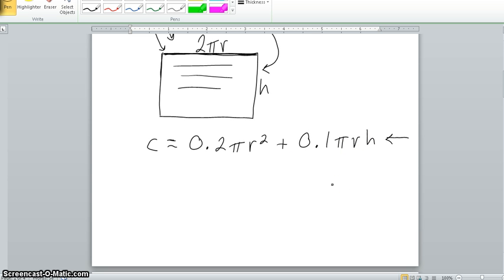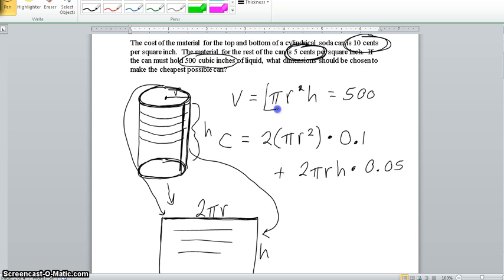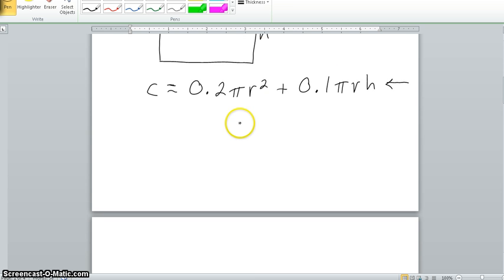That means that I need to have another equation to use, and I do. Another equation that involves r and h. So I'm going to take my volume equation, and you could solve it for either r or h. I'm going to solve it for h.